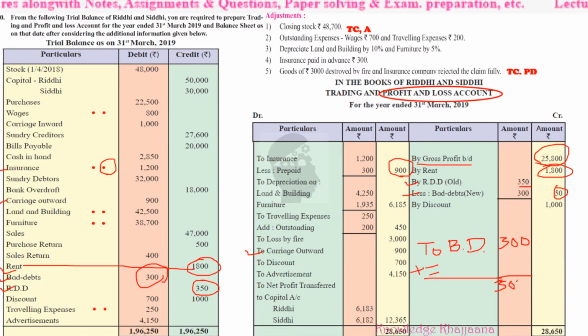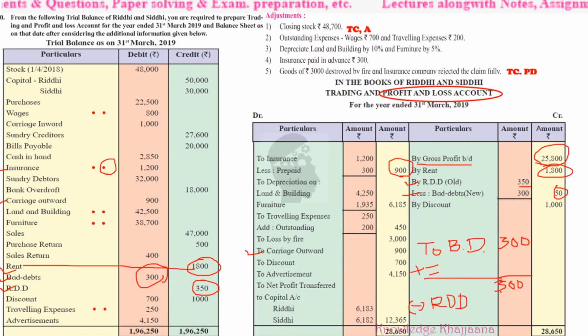And what do we do? Whatever amount we get after adding all the entries from the adjustments, we deduct, what do we do? Less old RDD. But here, if we deduct the old RDD, which is rupees 350 and more than the bad debts, what will we get?